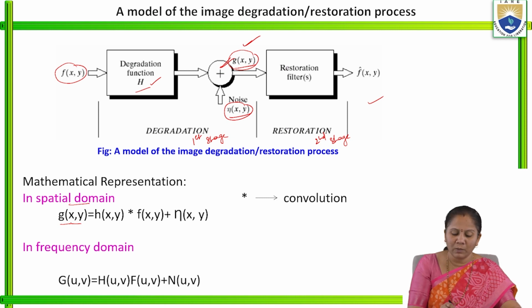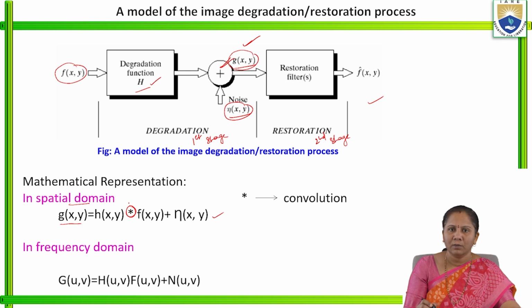So the output g of x comma y is equal to h of x comma y convolved with f of x comma y plus eta of x comma y. Here we can observe this symbol, which represents the convolution operation between these two parameters.